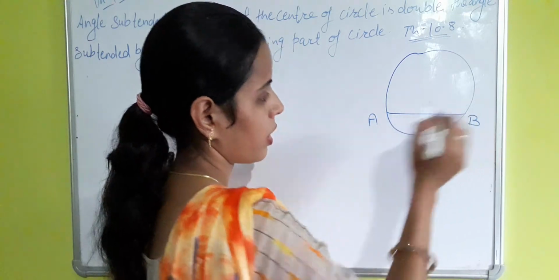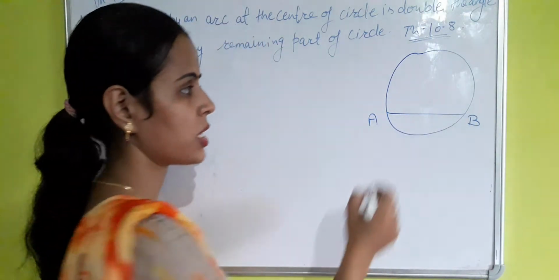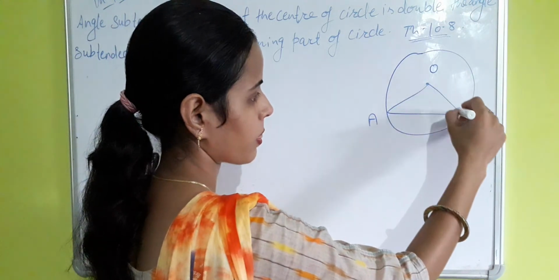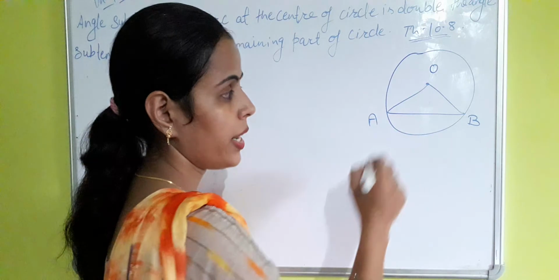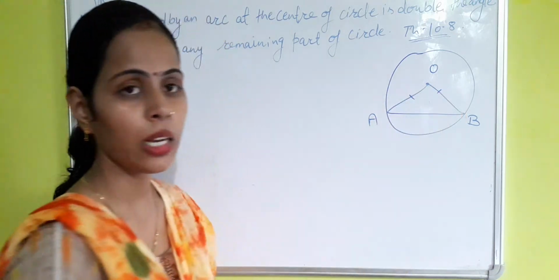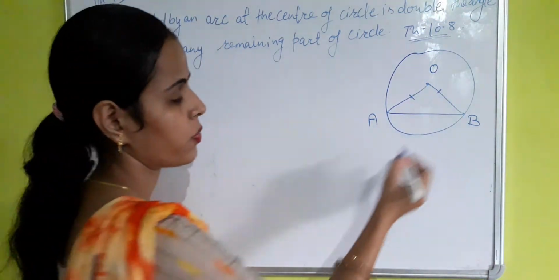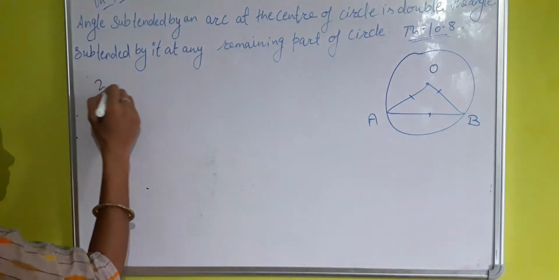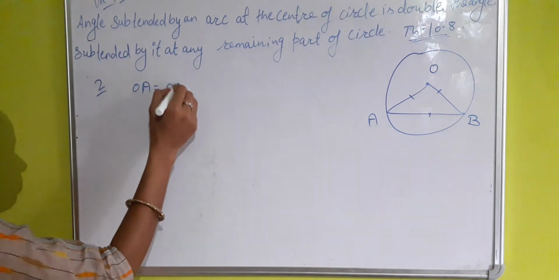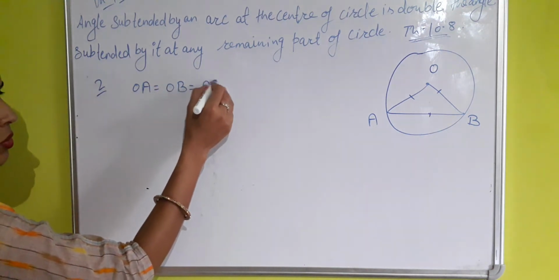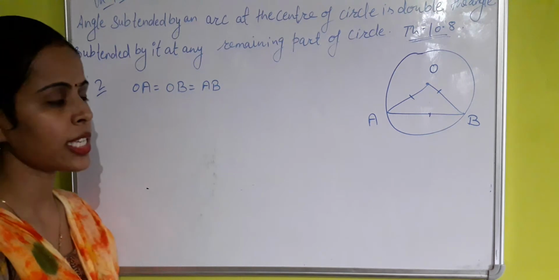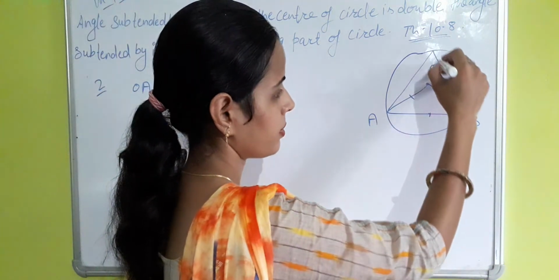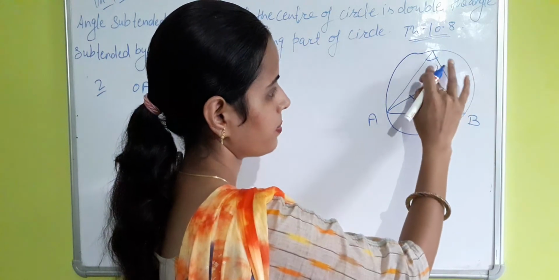AB is the chord of the circle. O is the center. The radius of this circle is equal to the chord of this circle, meaning OA is equal to OB is equal to AB. All these three sides are equal.